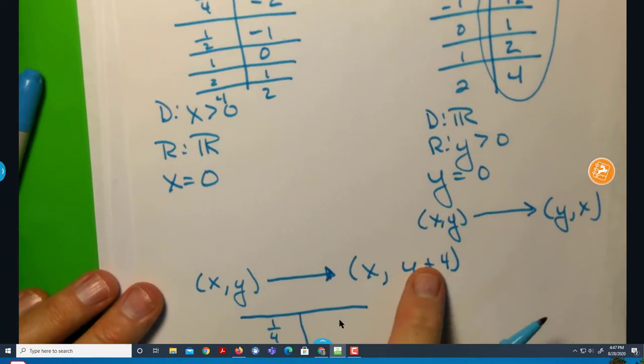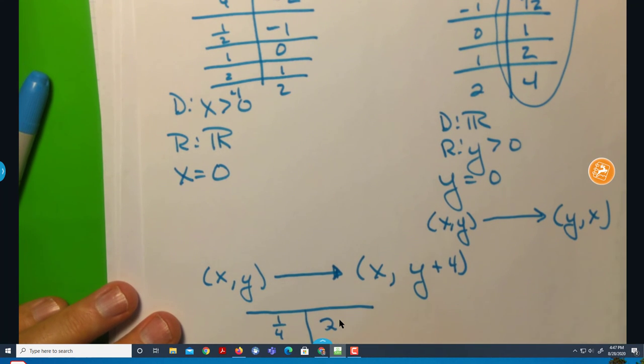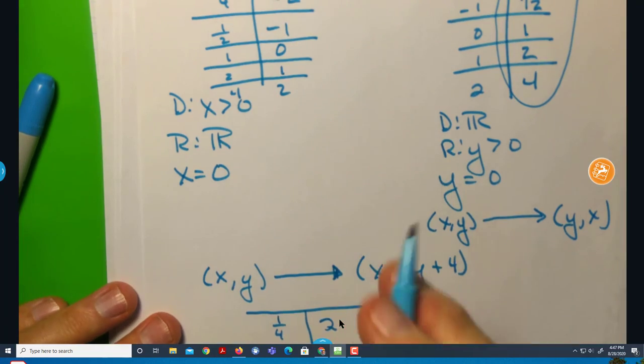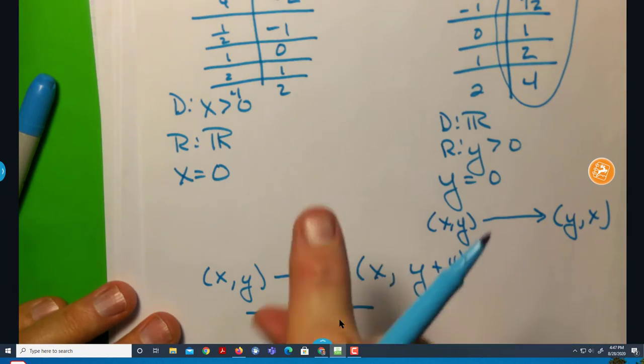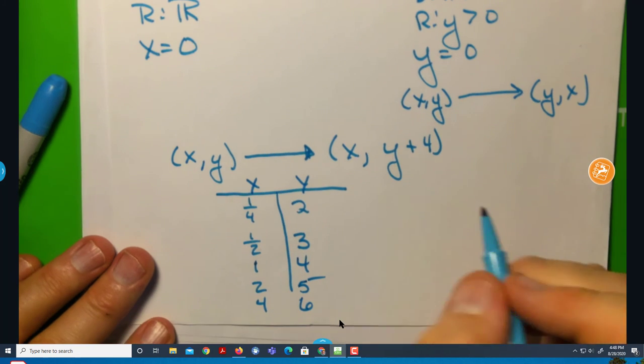Now for my y's, I'm going to add 4, so 4 plus negative 2 is 2. Negative 1 plus 4 is 3. 0 plus 4 is 4. 1 plus 4 is 5. And 2 plus 4 is 6. So here are my ordered pairs.